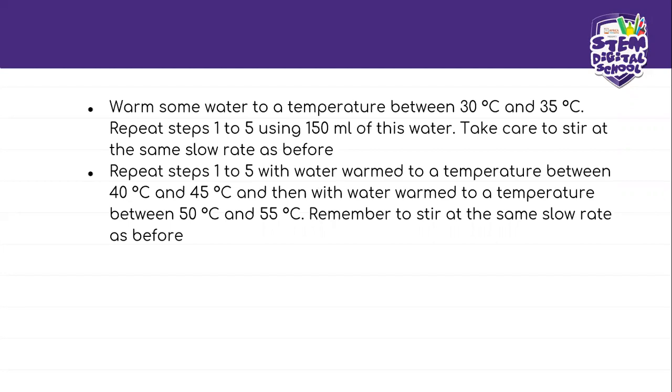And then the last bullet says that we need to repeat steps 1 to 5 with water warmed to a temperature between 40 degrees Celsius and 45 degrees Celsius, and then with water warmed to a temperature between 50 degrees Celsius and 55 degrees Celsius. And it also gives us a note there which says, remember to stay at the same slow rate as before.